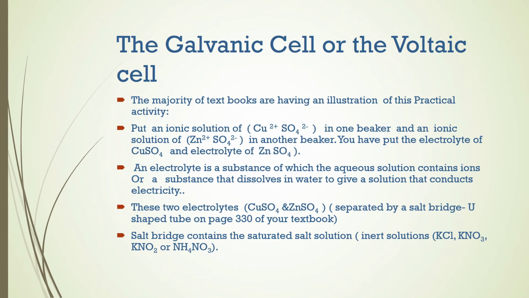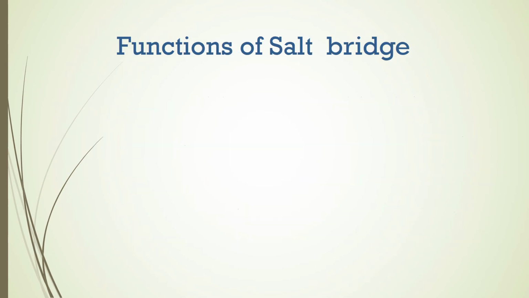The salt bridge is filled with a saturated salt solution like potassium chloride, potassium nitrate, potassium nitrite, or ammonium nitrite. You can use any of these salts, and then you use cotton wool to close the ends of the salt bridge.